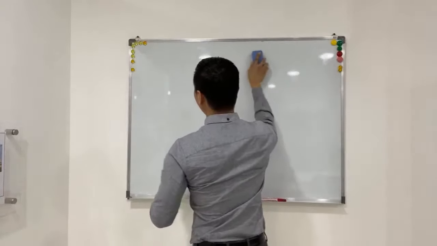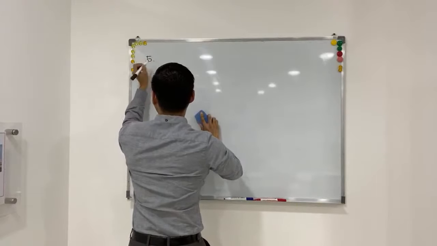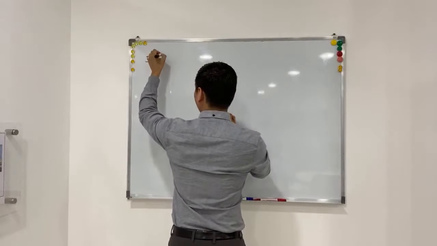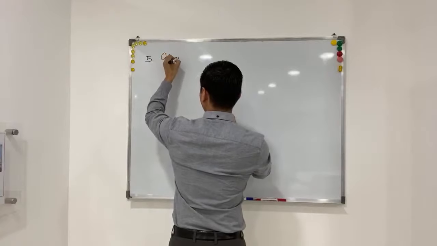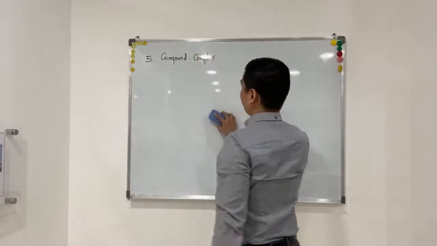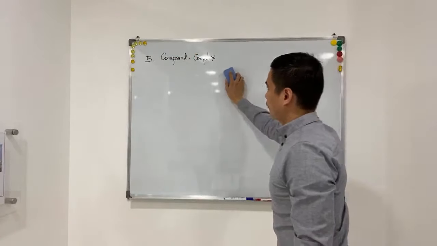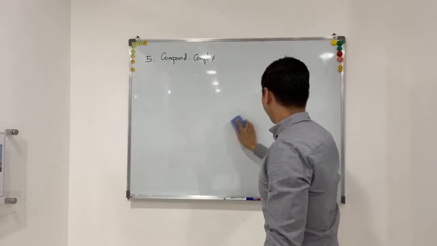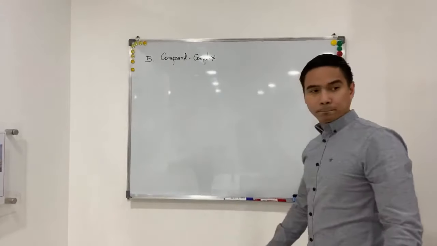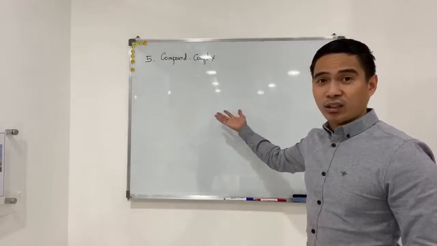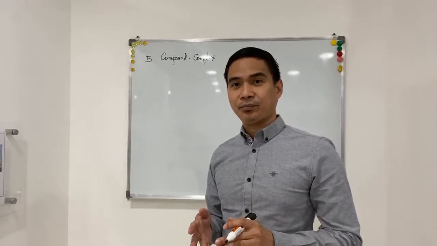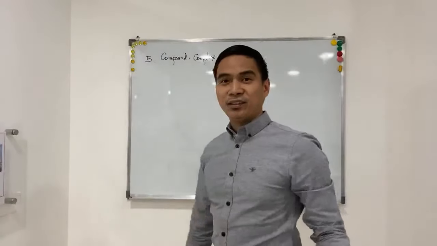So, example number 5 for sentence diagramming. We are done with complex sentence, so next is compound complex. So what is an example of a compound complex sentence? We can use our previous example and we just add another independent clause.